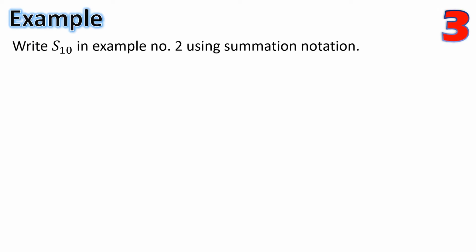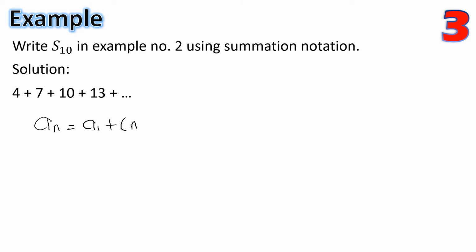For example, write S sub 10 in example number 2 using summation notation. Let us recall the series in example number 2, that is 4 plus 7 plus 10 plus 13 plus ... We know that a sub n is equal to a sub 1 plus n minus 1 times d.